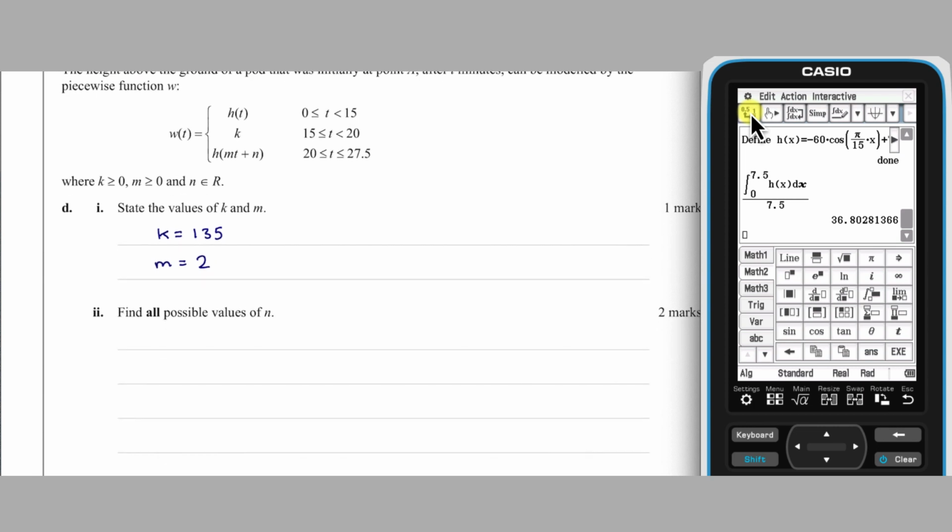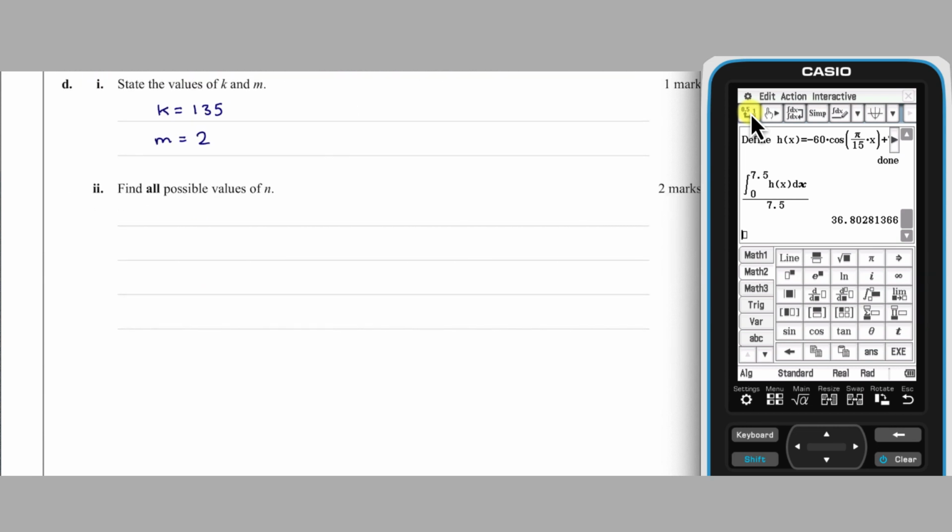Part D, Part 2 asks us to find all the values of n. One way to do this is to use a known point on this part of the curve, like the endpoint 27.5, 15, and sub it into the rule so we can solve for n. This looks like h of 2 times 27.5 plus n equals 15.